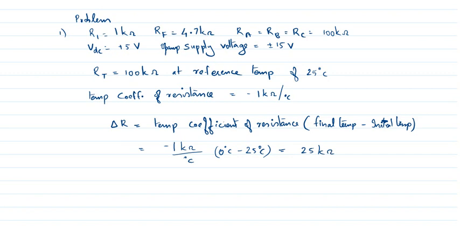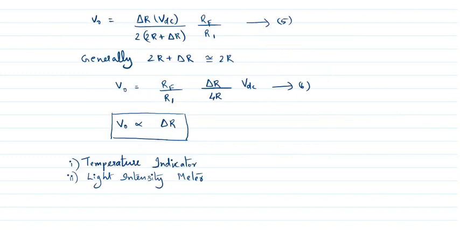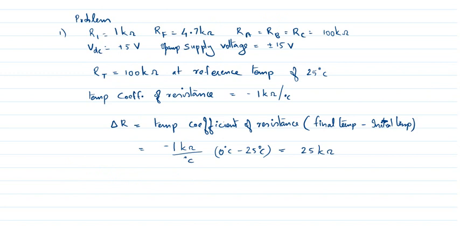So that will be the delta R, and we can use the sixth equation for finding out the value of V0 at 0 degrees Celsius.